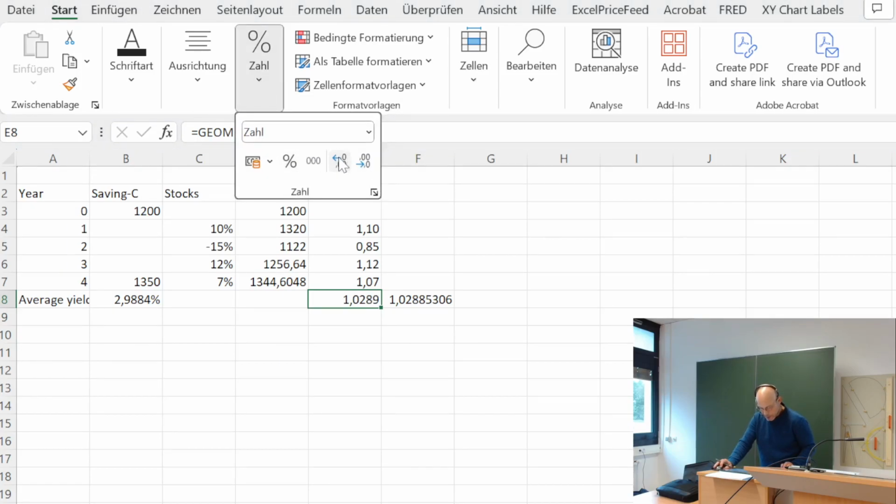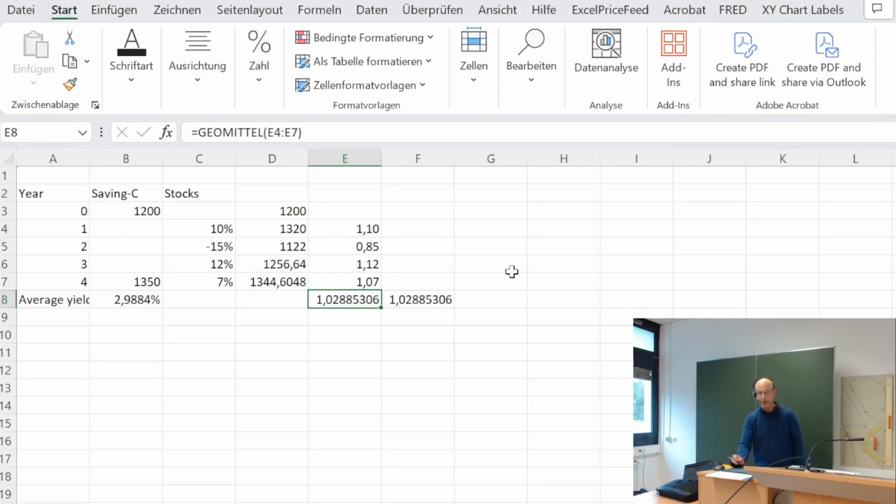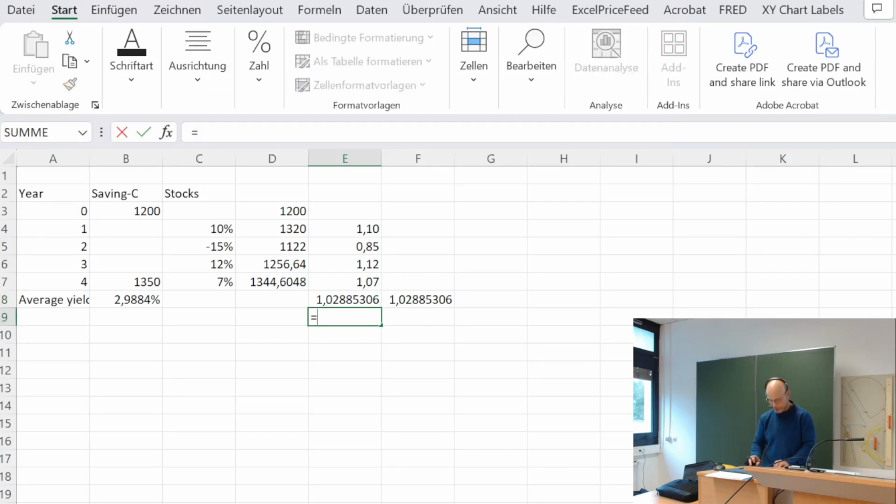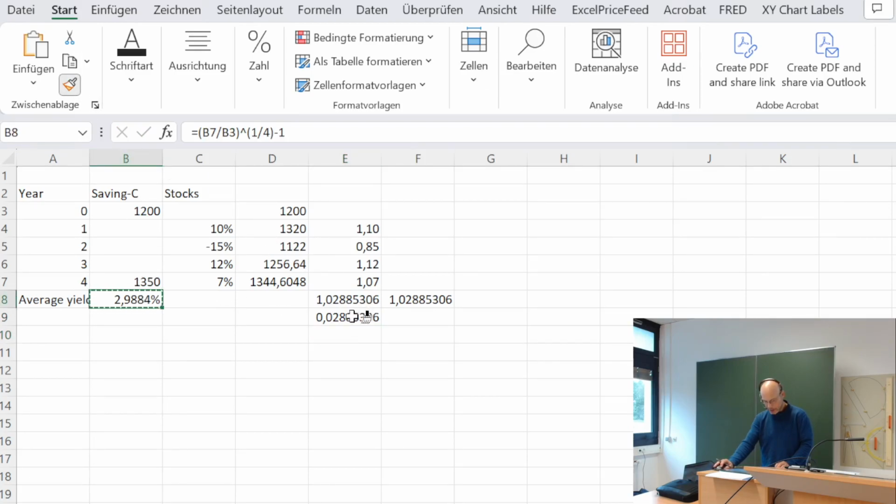So this would be then hopefully the same number. Yes. Okay. So, and minus 1, of course, is then the average yield. This minus 1.